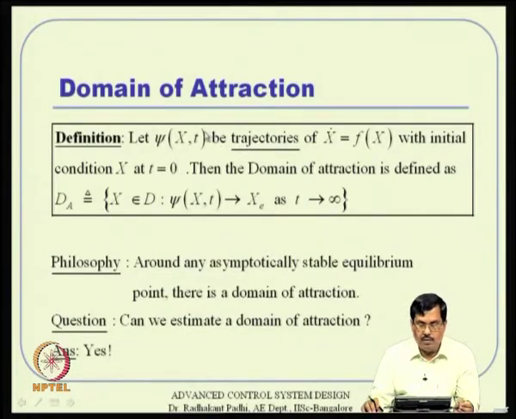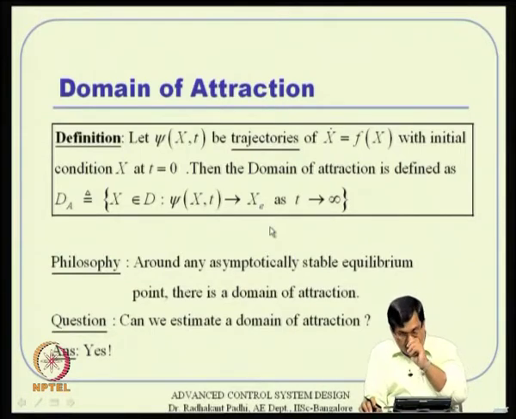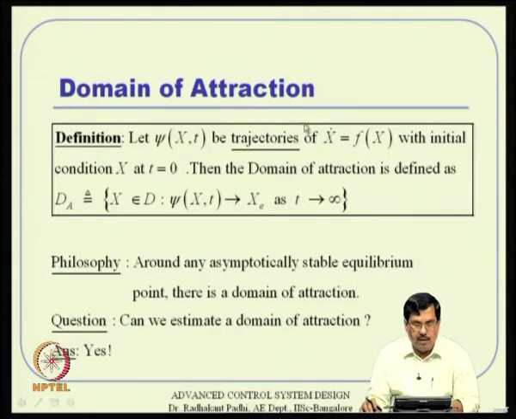That set of trajectories I am defining as psi. Then the domain of attraction is defined as the x belonging to D such that psi of x, t goes to x e, because all such trajectories that I start with different initial conditions will go to the equilibrium point as t goes to infinity.